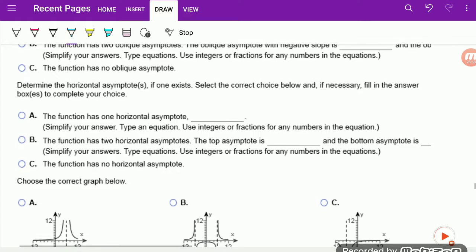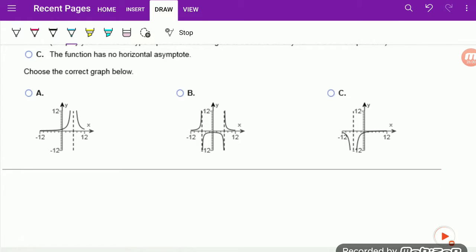So how to determine, let's start with the first one. Number one, vertical asymptotes. How do we determine the vertical asymptote?